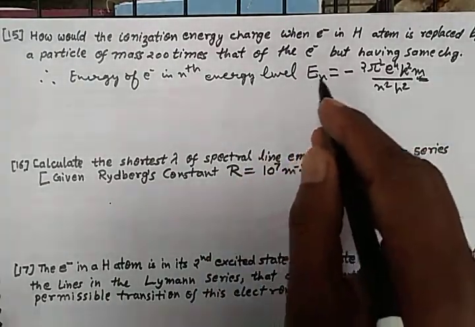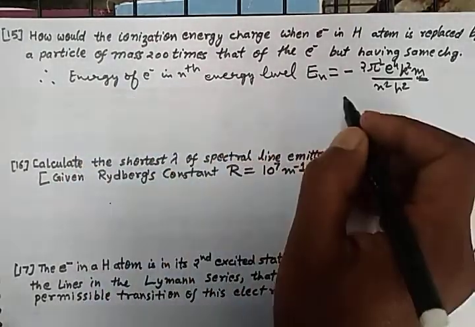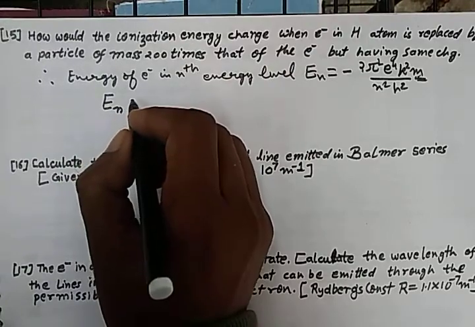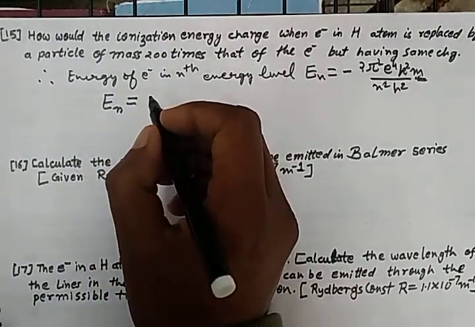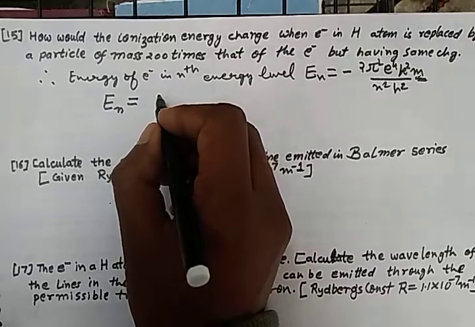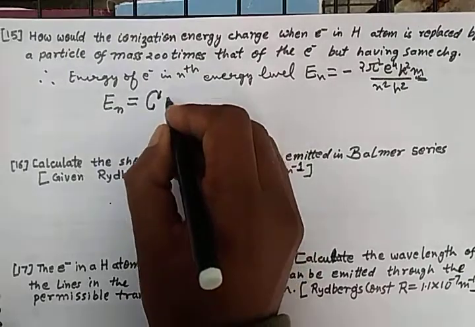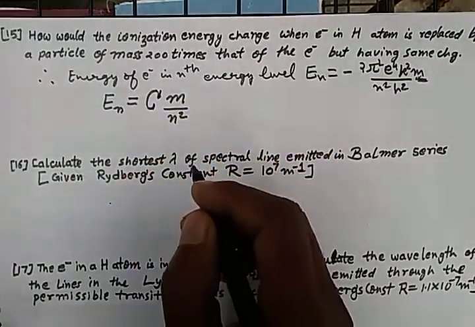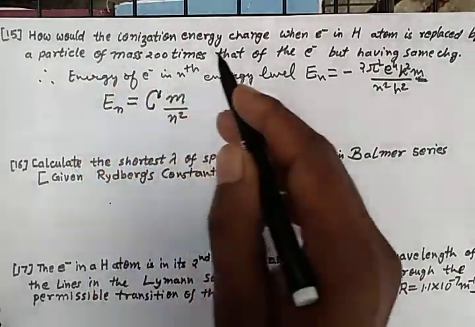According to this expression, En is equal to some constant capital C, and I am just interested in m and n. So how would the ionization energy change?